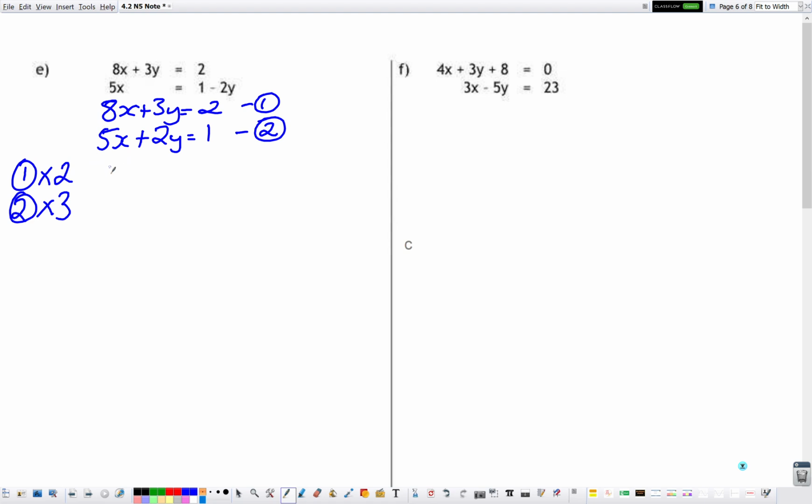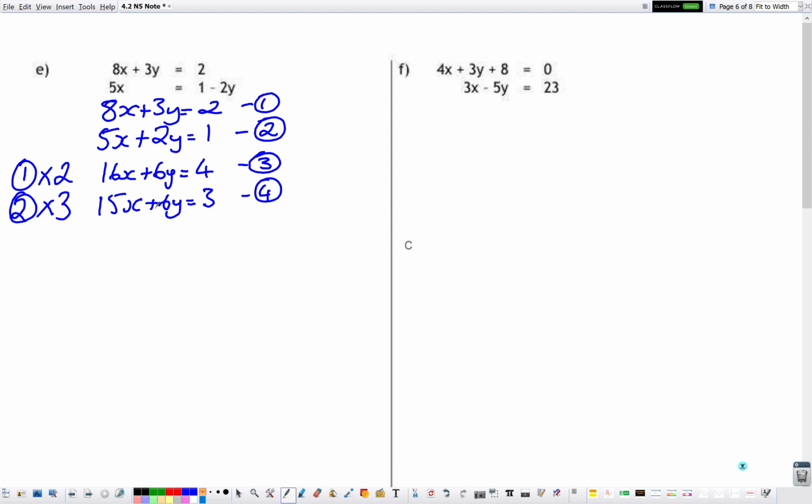So 8x times 2 is 16x, 3y times 2 is 6y, 2 times 2 is 4. That's equation 3. Now equation 2, times everything by 3, so 15x plus 6y equals 3. That's equation 4. Now the variable we want to eliminate is our y's.